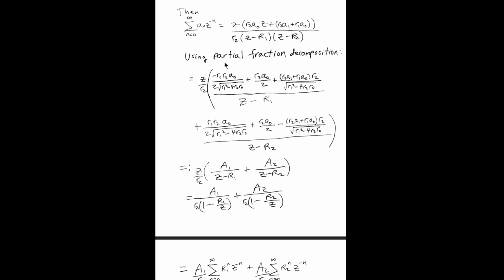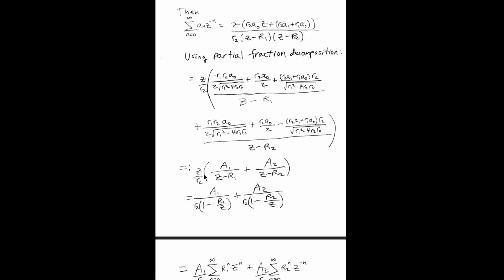And I'm going to define this big thing right here, just for simplifying notation, as z over R2. Well, that's just the same as that. But then this numerator here I'm going to call capital A1. And this numerator of the second term I'm going to call capital A2. So I don't have to rewrite this whole mess over and over.